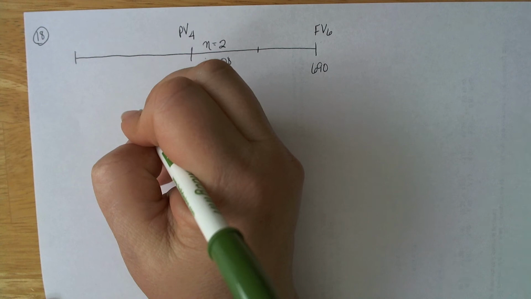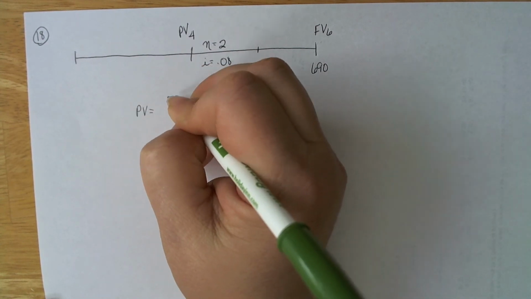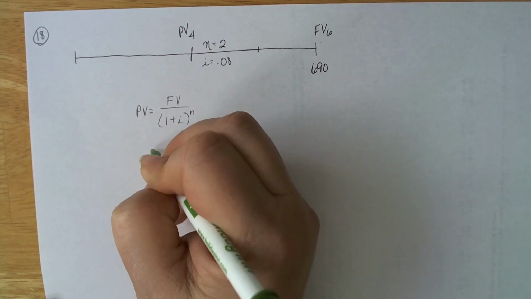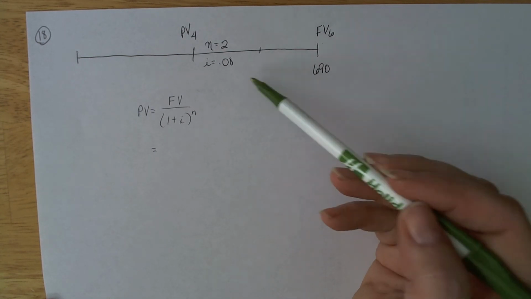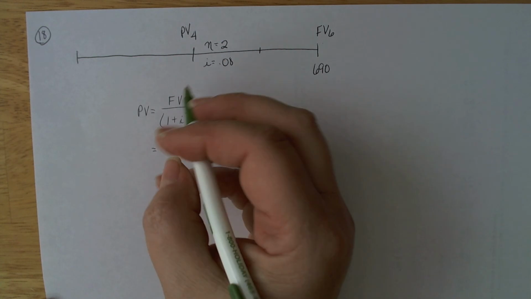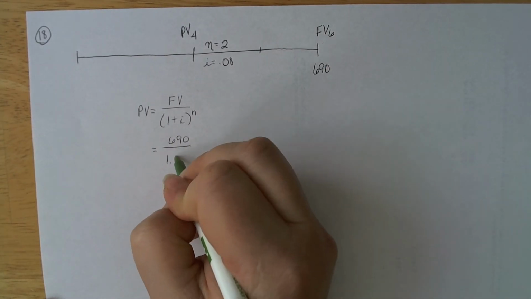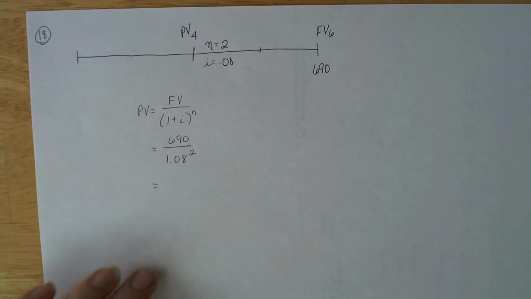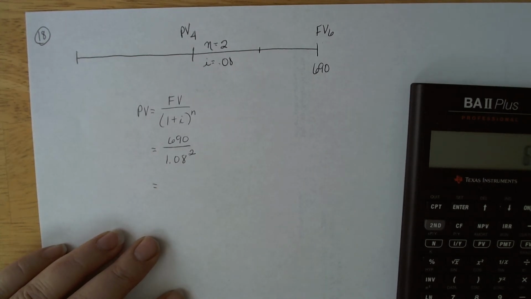So when we go to apply the formula, it is future value over 1 plus I raised to the nth. Because we started out with a timeline, we don't have to do any additional calculations to arrive at our N. We just take the 690 divided by 1.08 raised to the second.